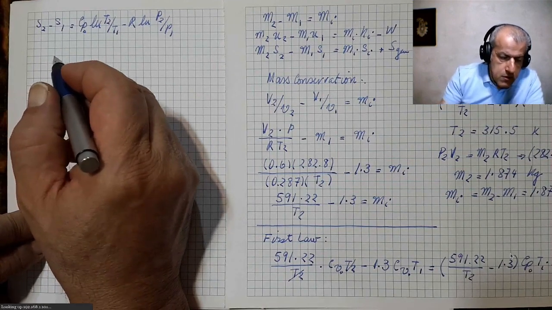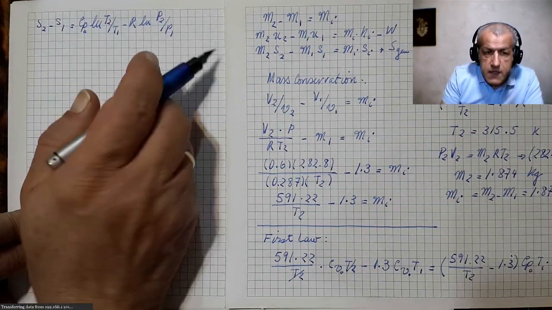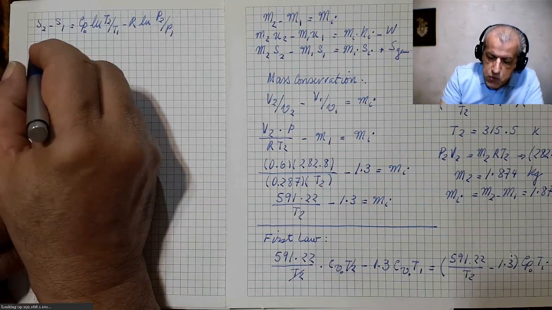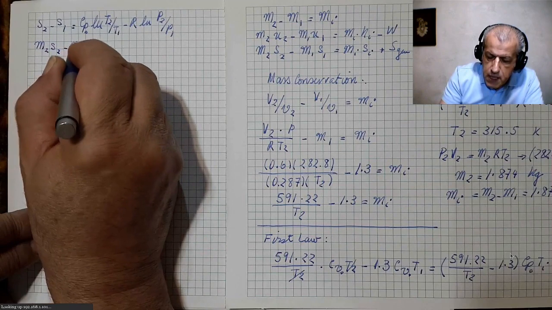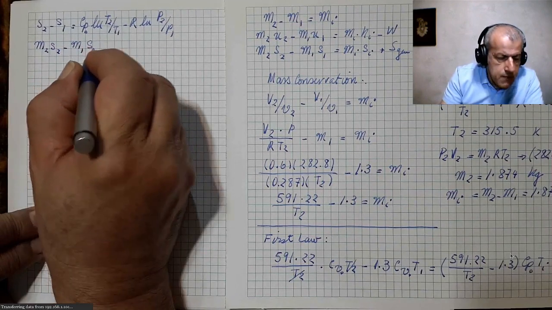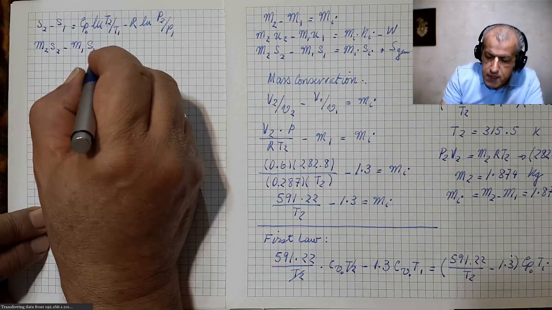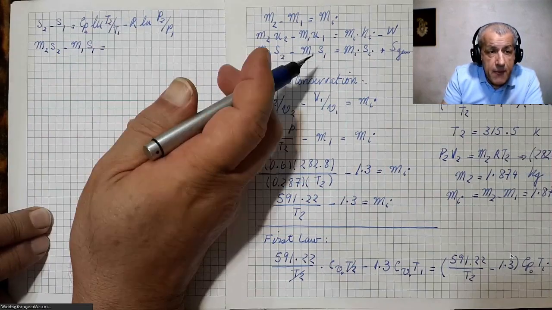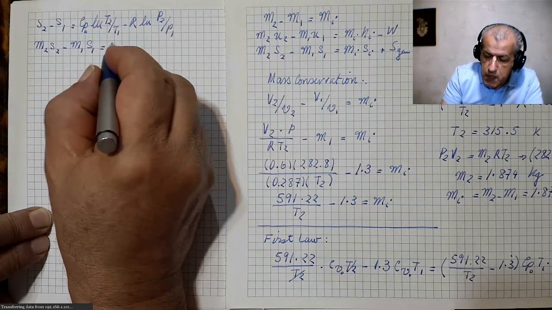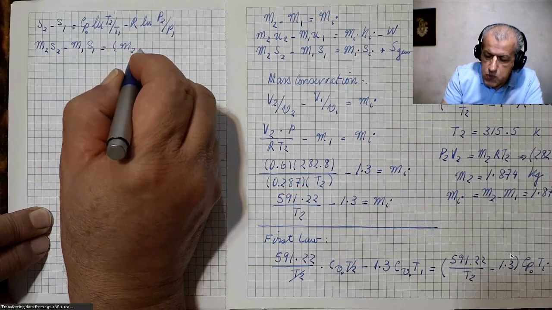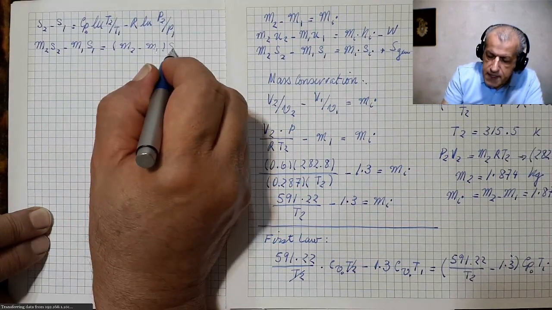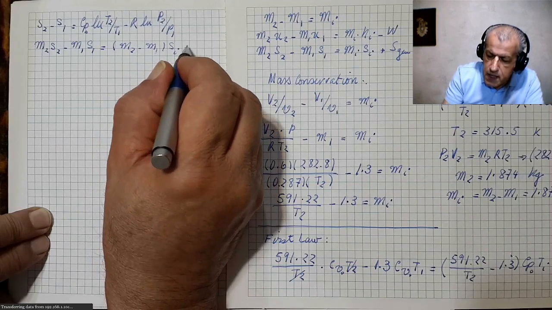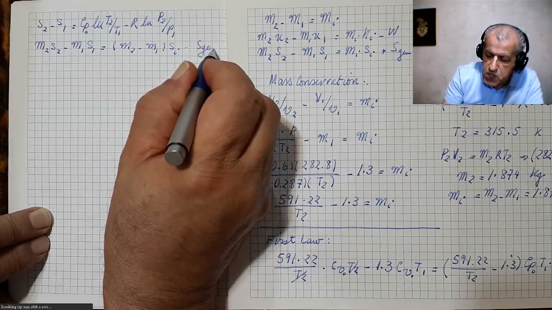So how do we write it? We write this equation as M2 S2 minus M1 S1, and that equals, replacing Mi with M2 minus M1, M2 minus M1 times Si plus Sgen.